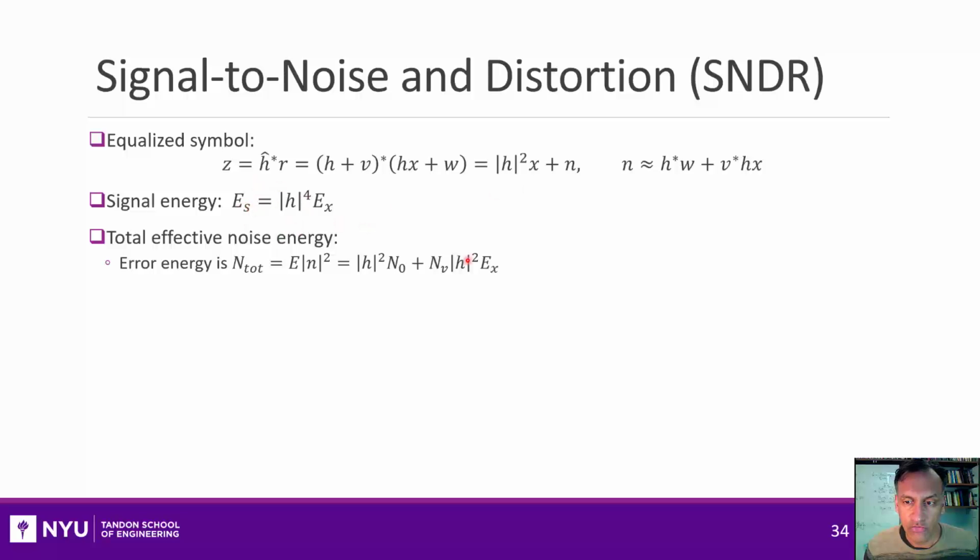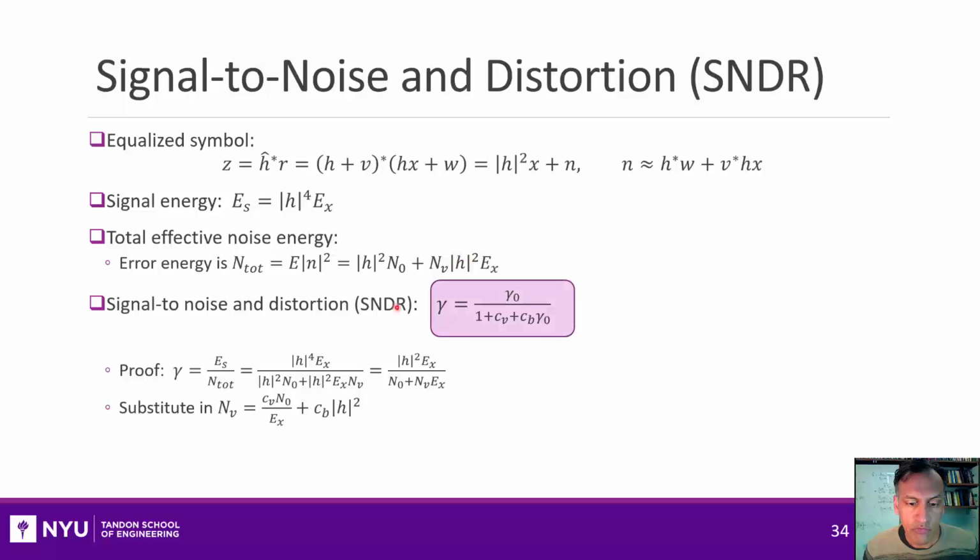The signal energy will be from this, which will be h to the fourth times the value of x squared, which is Ex, so that's our signal energy. But the noise will be a sum of two components. One is the variance of this term, which will be scaled with h squared times N0. And the other will be the variance of this term, which will have an h squared times the square root of Ex, the square root of x, which is Ex, and then the variance of v, which is Nv.